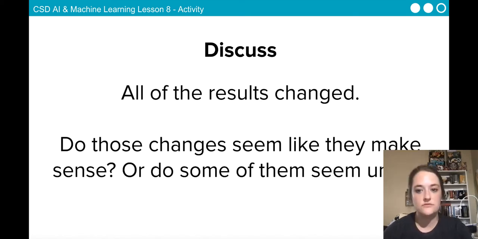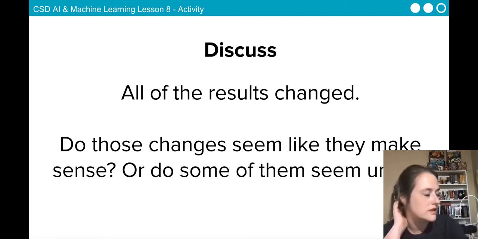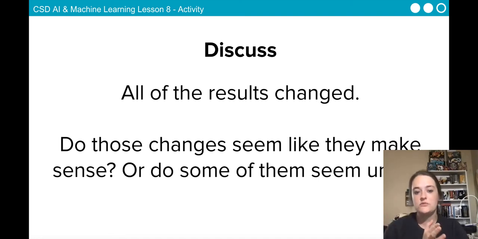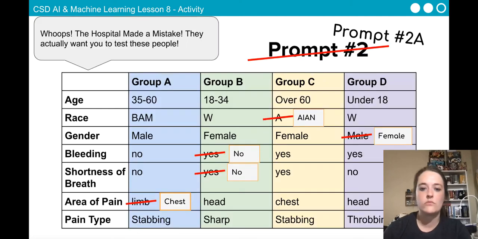All of those results changed based on what you changed. So do those changes seem like they make sense, or do some of them seem unfair? I want you to also add that to your discussion board post.